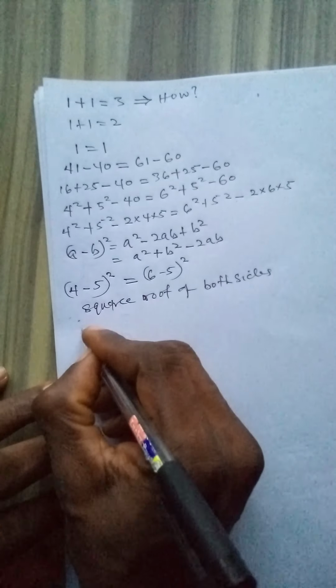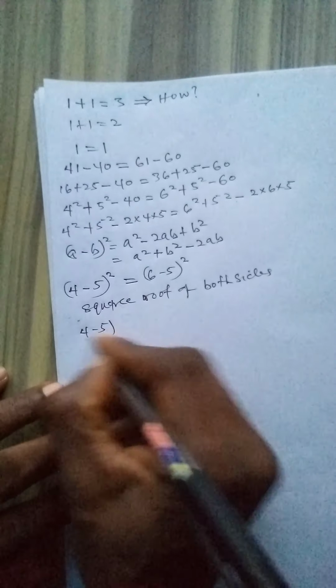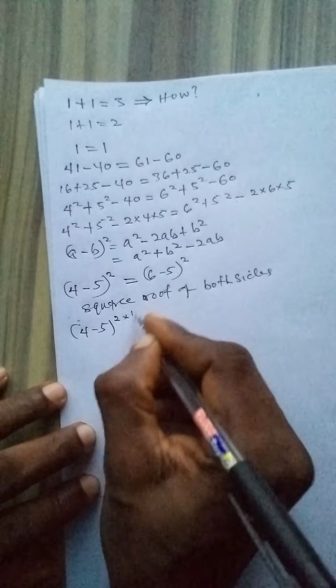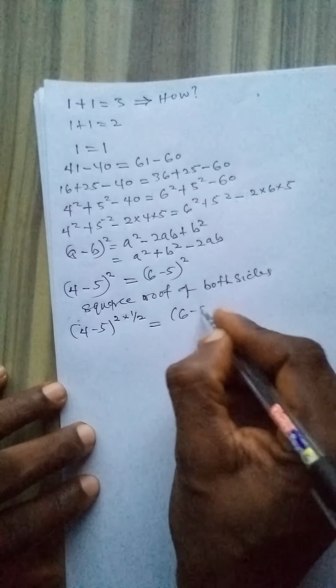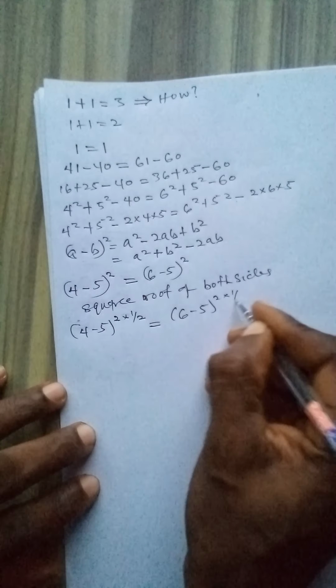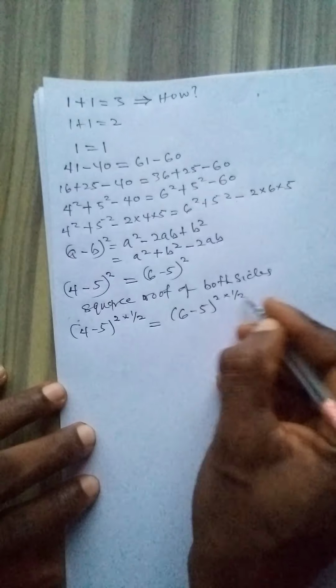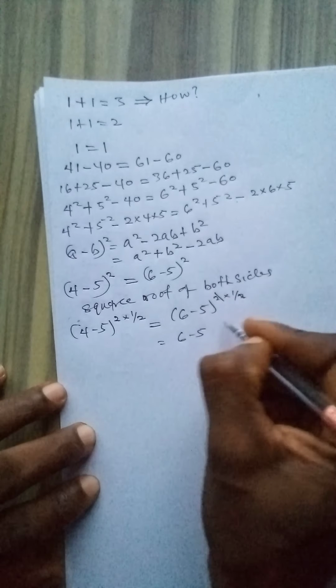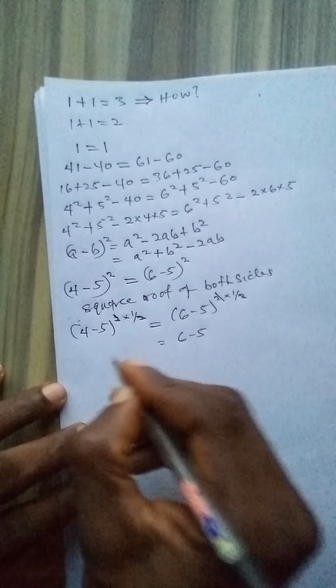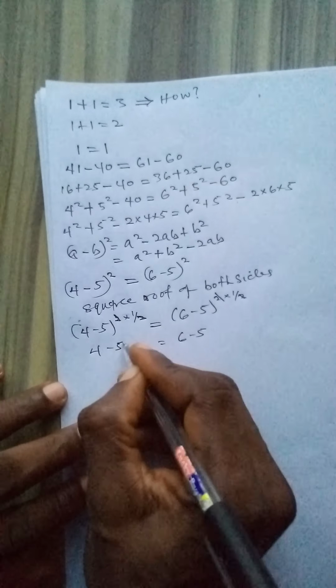That is 4 minus 5 all squared multiplied by 1 over 2, that is the square root, is equal to 6 minus 5 all squared, also multiplied by 1 over 2. So this will cancel this, giving me 6 minus 5. This will cancel this, giving me 6 minus 5. And this will also cancel this, giving me 4 minus 5.